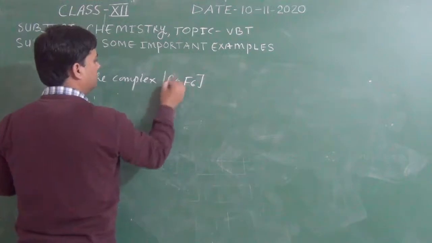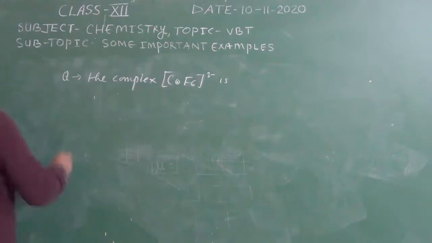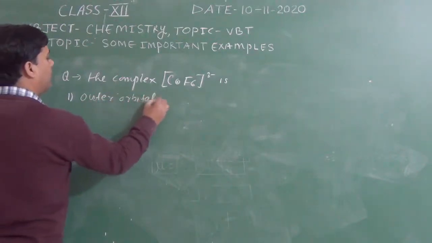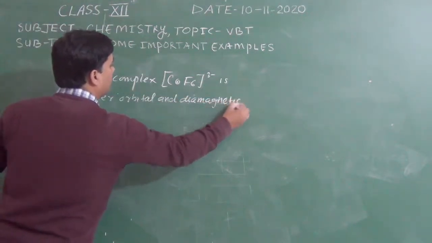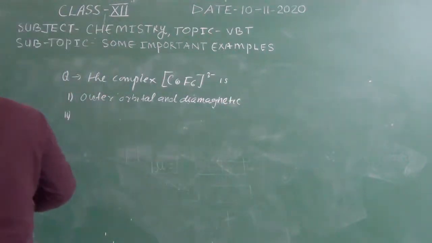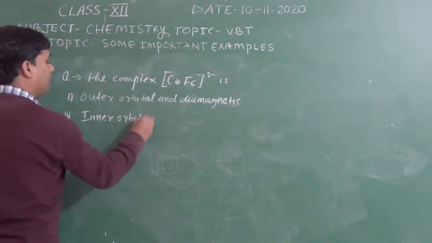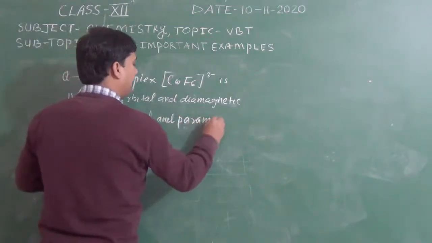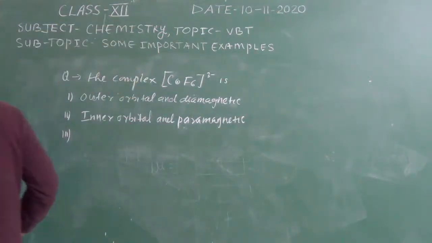CoF6 3- is the complex. First option is outer orbital and diamagnetic. Second option is inner orbital and paramagnetic. Third option is outer orbital and paramagnetic.